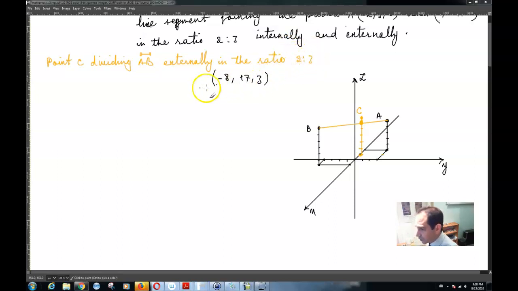something like less than 1. So what you need to do is that basically you take your point A, your point A is over here, your point B is over here, and we say that the point C divides AB externally in the ratio 2:3.